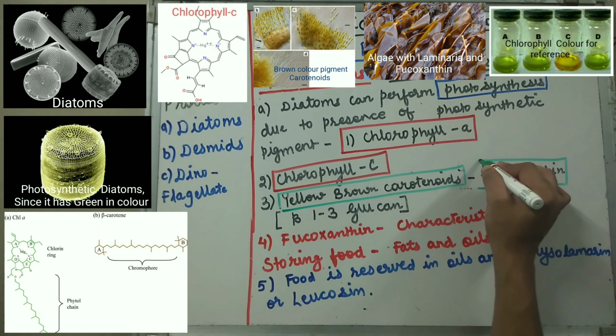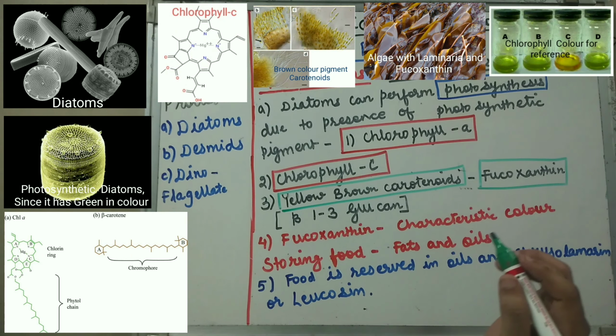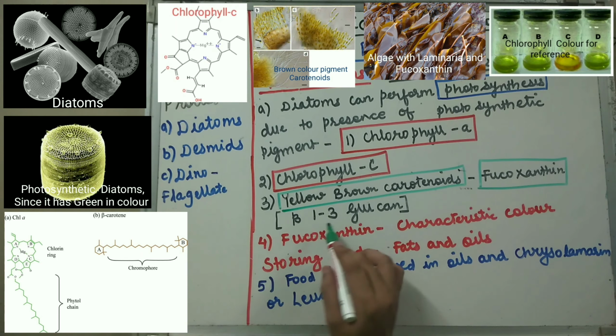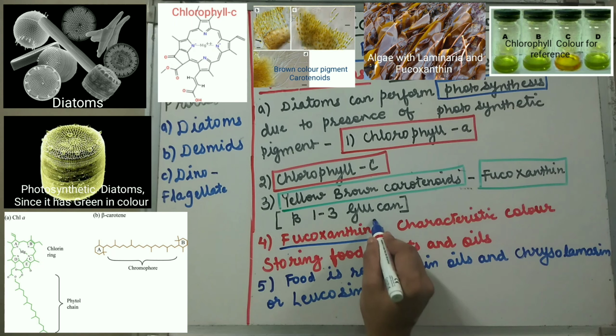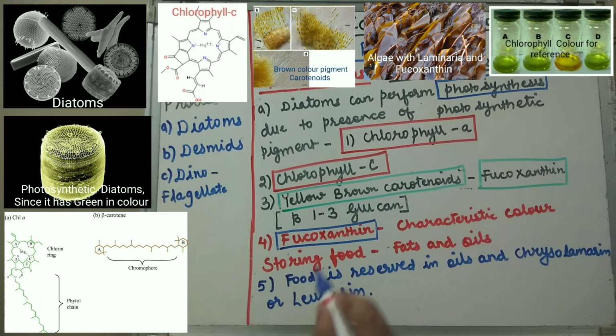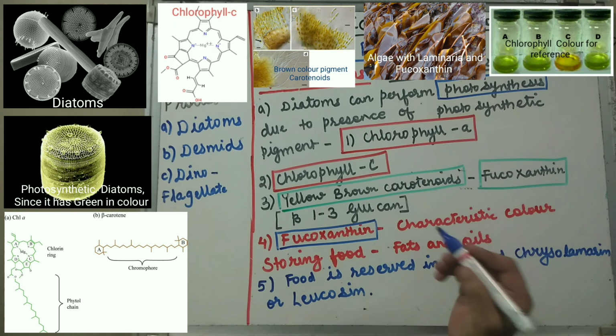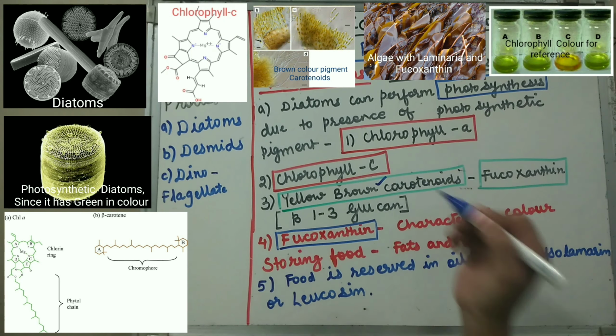Now this fucoxanthin becomes very important, which is also known as beta 1,3 glucan. Fucoxanthin is the one which gives them the brown color.